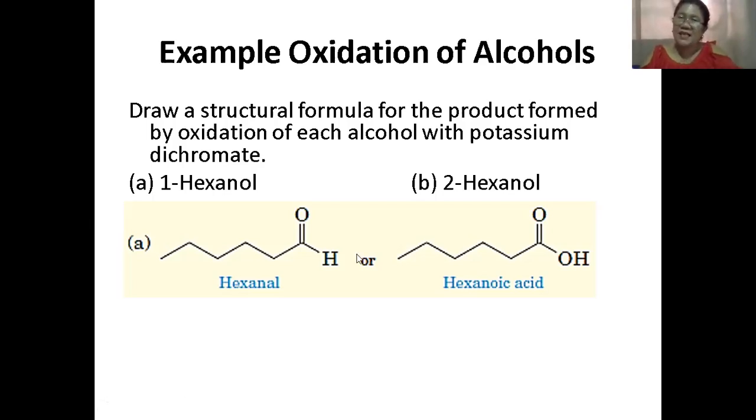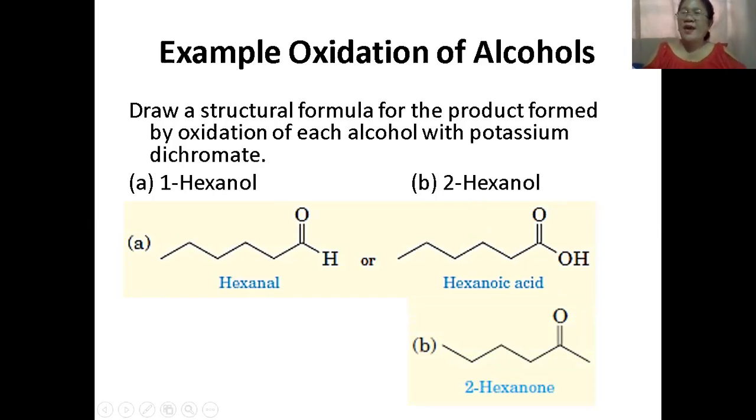Further oxidizing it, it will be in the form of an acid, hexanoic acid. But if it is secondary, this letter B, that is 2-hexanol, this will form into a ketone, 2-hexanone.